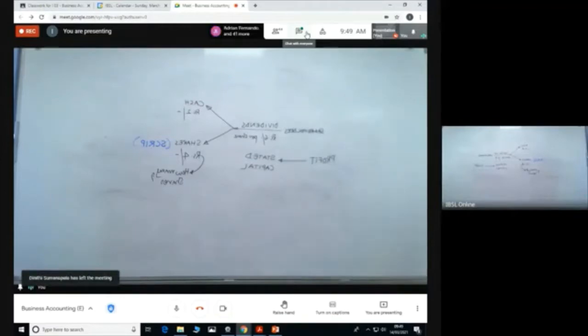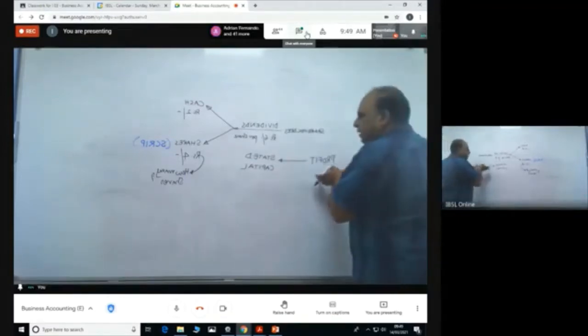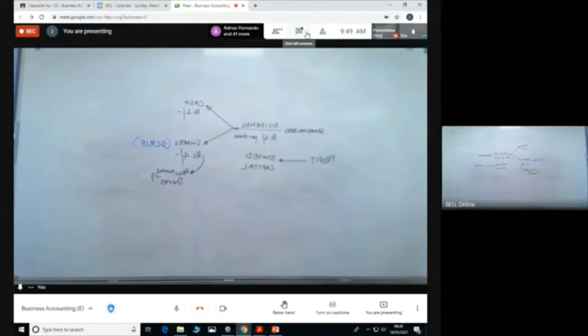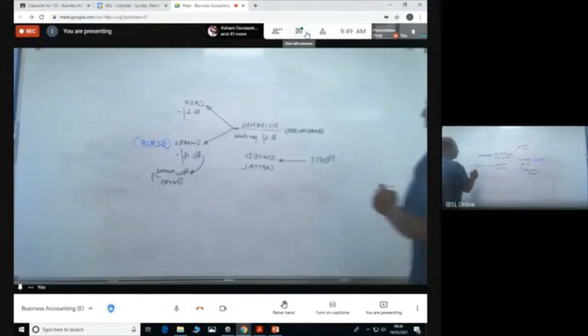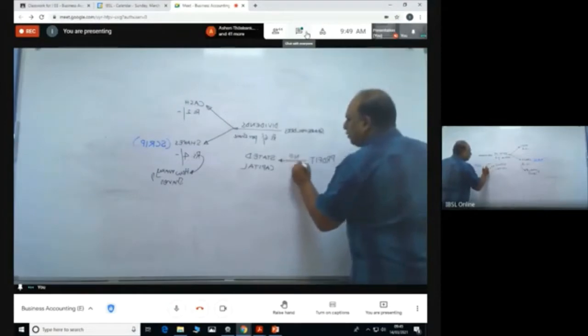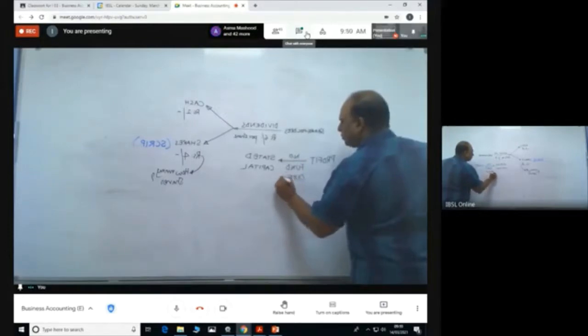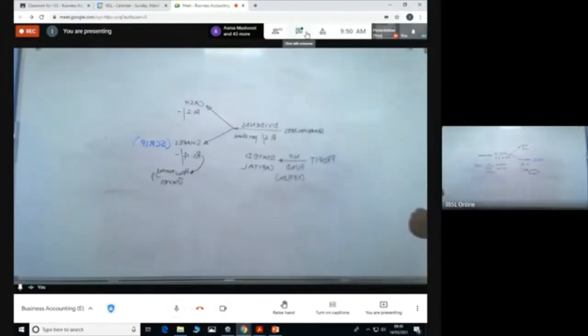So you are converting your profit into stated capital. Therefore, there will be no fund outflow.